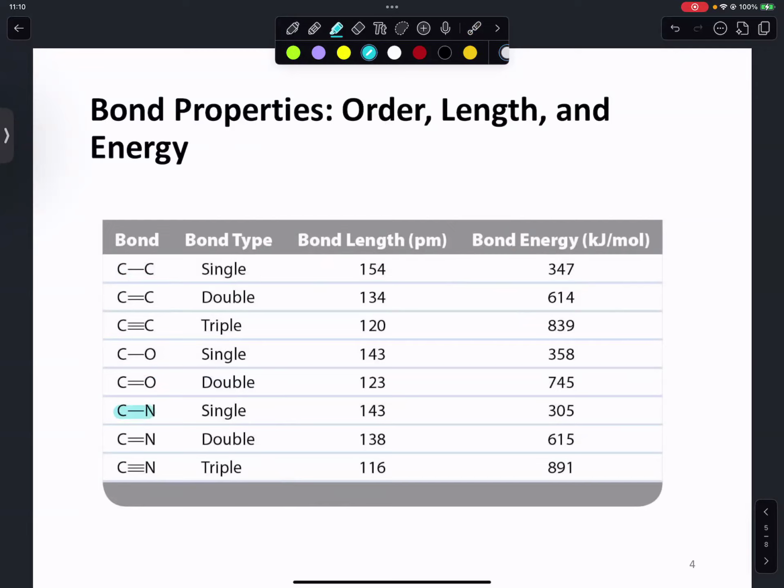A single bond has a bond length of 143 and a bond energy of 305, versus a carbon that is triple bonded to a nitrogen, which has a shorter bond length but much higher energy. By the way, you're not required to memorize any of these values. These will be given to you if asked about the relation of bond order, length, or energy.